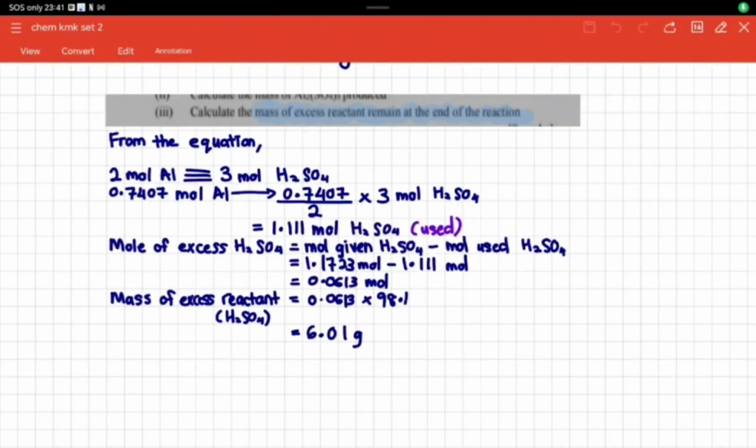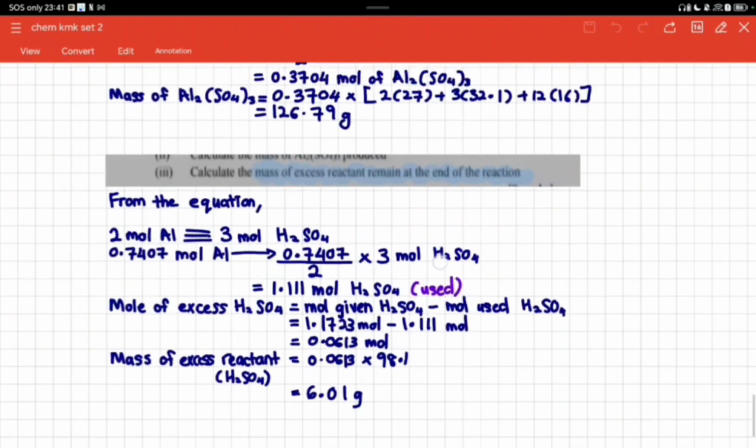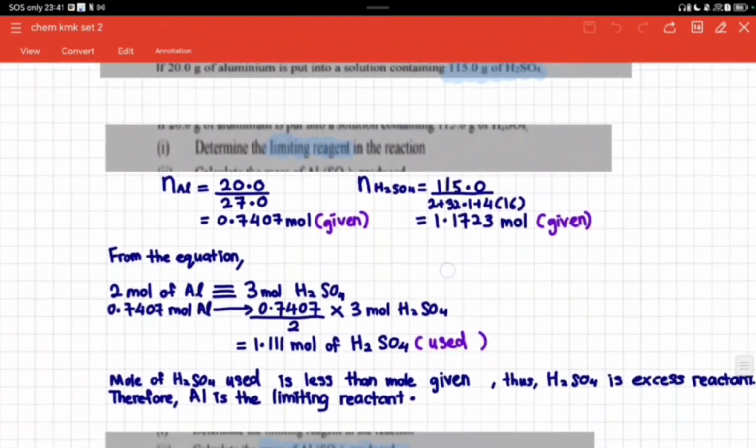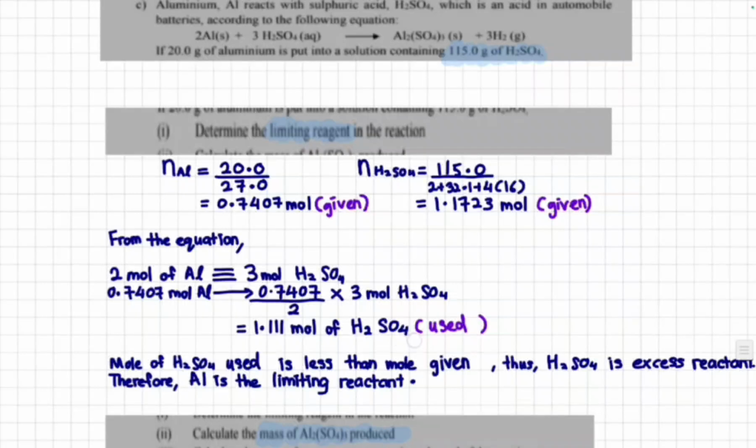Now the last question: calculate the mass of excess reagent remaining at the end of the reaction. As we already know, the excess reactant in this case is sulfuric acid. We already did the calculation in the first question and identified the excess reagent.